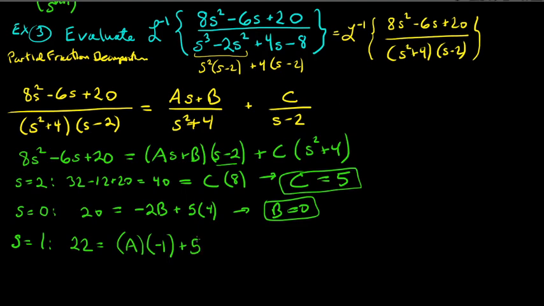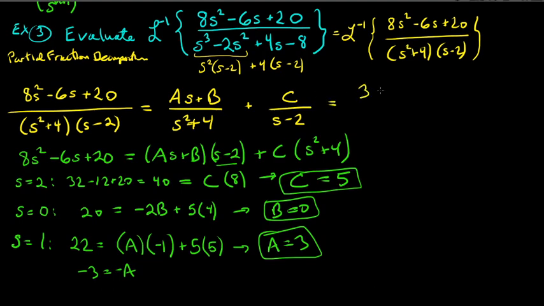And then C is 5 again, and then 1 plus 4 is 5. So 5 times 5 is 25. So what do we get here? Well, 22 minus 25 is negative 3, equals negative A. Yep, so A is 3. Okay, so that decomposes this into its partial fractions.